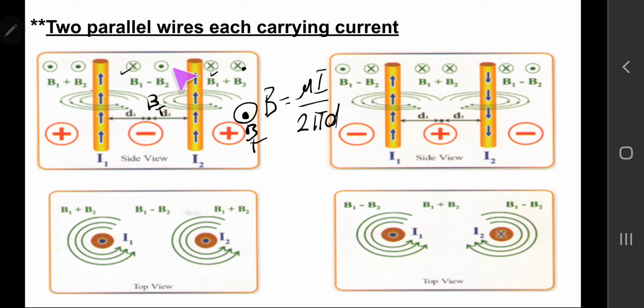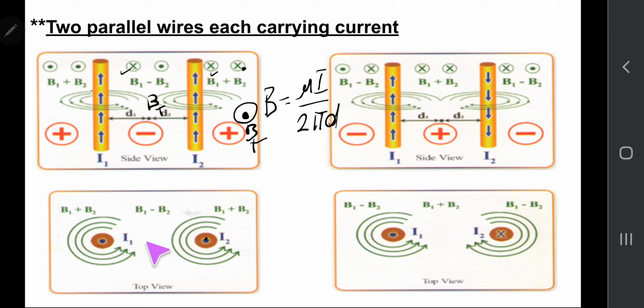Then two parallel wires, if the current passes in the same direction، يبقى in the middle هنعمل subtract للـ magnetic flux B1 and B2 و outside the wires هنعمل plus للـ B1 plus B2. I can draw the wire by this method. This point represents the direction of current, and this point represents the direction of current.